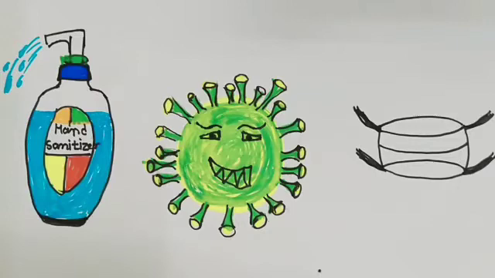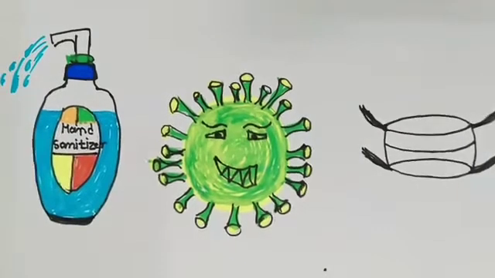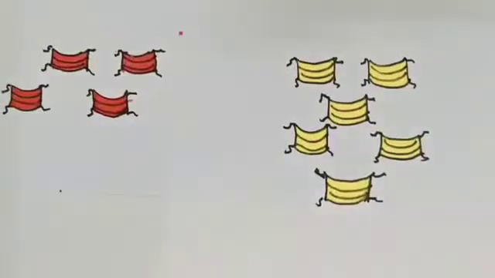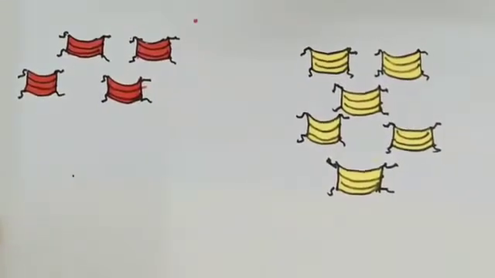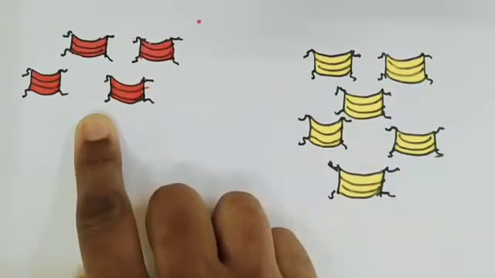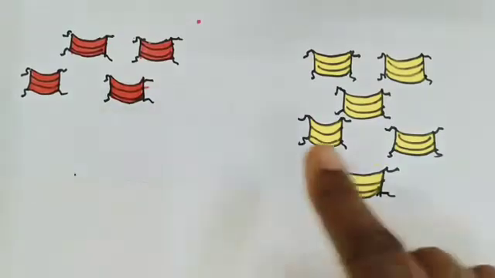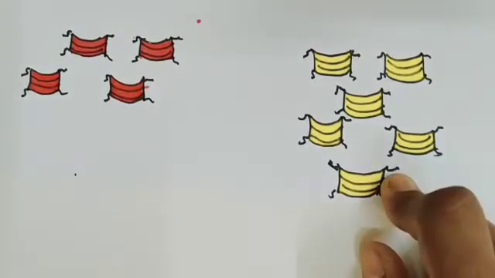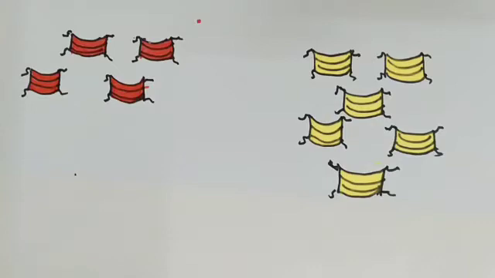Because of that, we are having bundles of different masks here. So here I also have some masks. Let's see. Here we have some red masks and some yellow masks. So tell me children, which color mask do I have more?